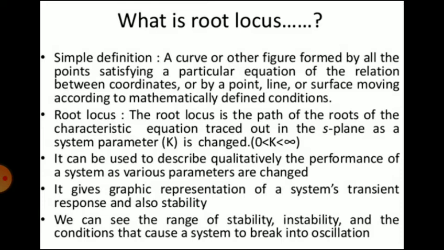If gain k is varied from minus infinity to plus infinity, then for each separate value of k, we will get separate sets of locations of the roots of the characteristic equation. If all such locations are joined, the resulting locus is called the root locus.